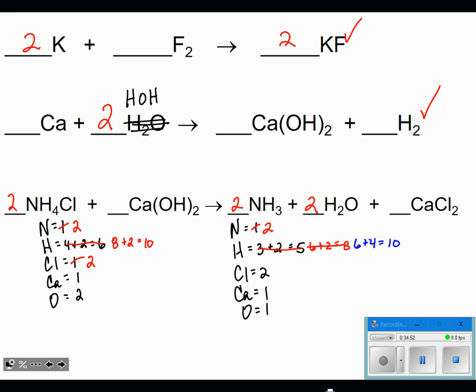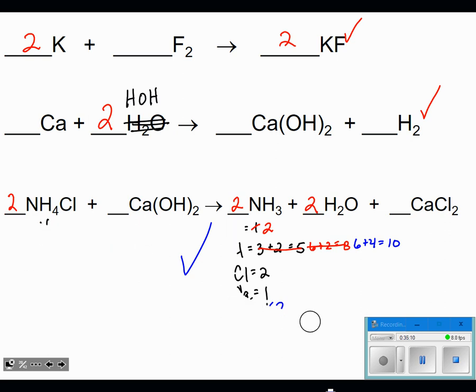And then when I recount my oxygens, I distribute that 2. 2 times 1 is 2. So I have 2 nitrogens, 10 hydrogens, 2 chlorines, 1 calcium, and 2 oxygens. Cha-ching. Done.